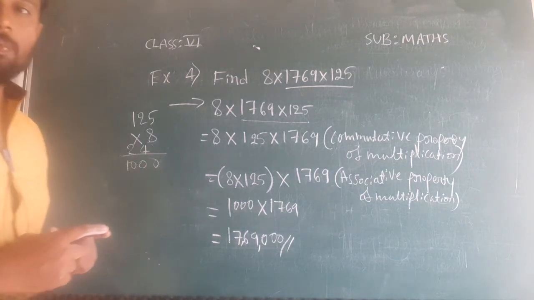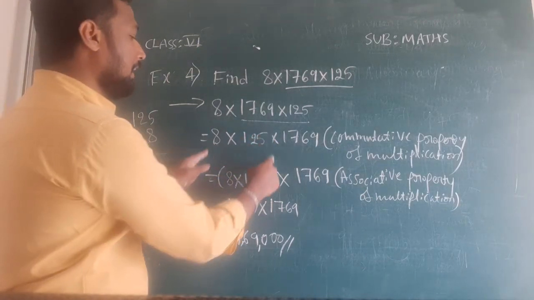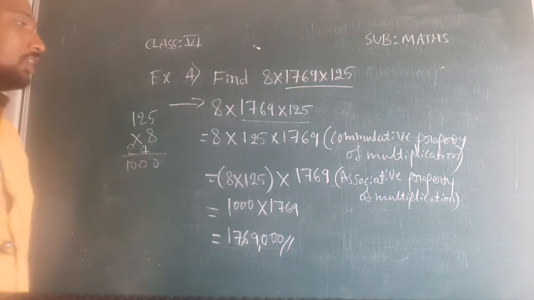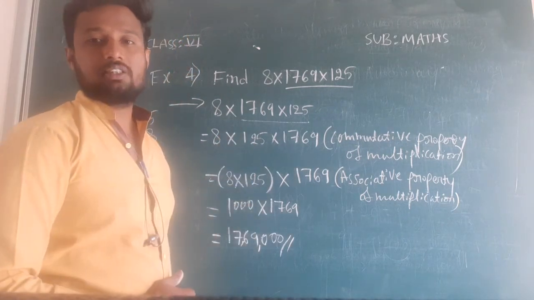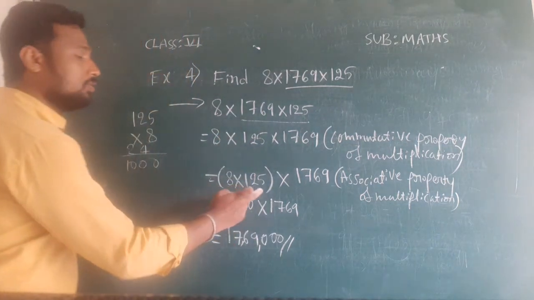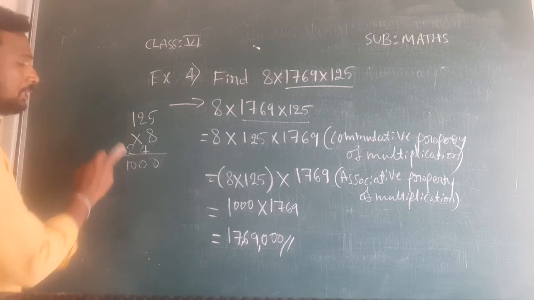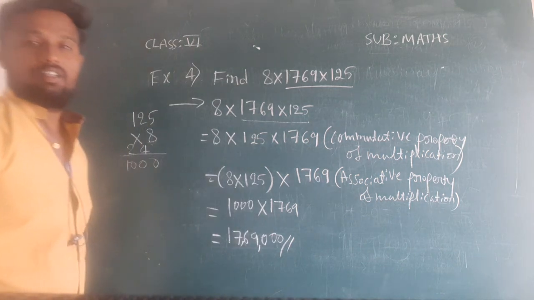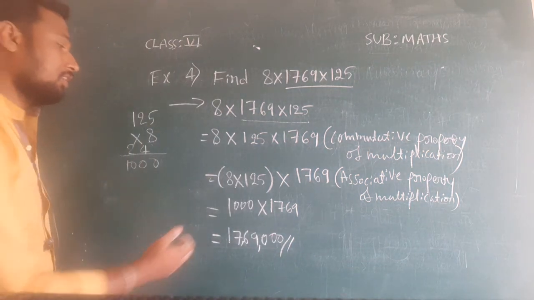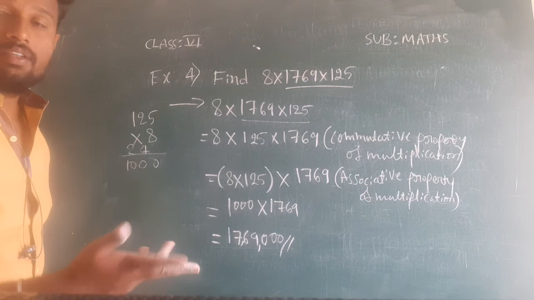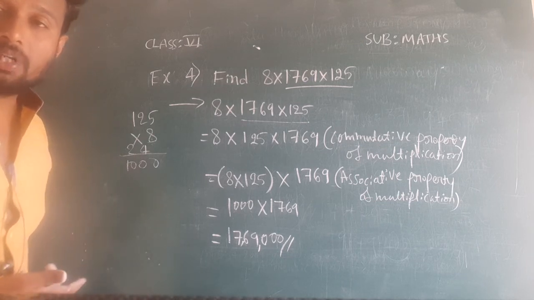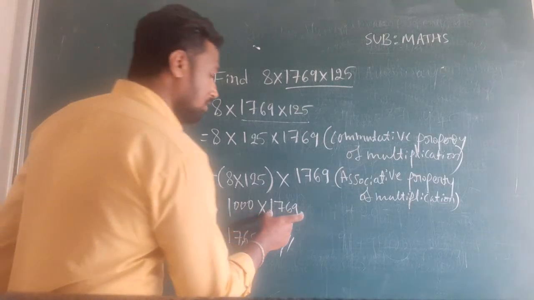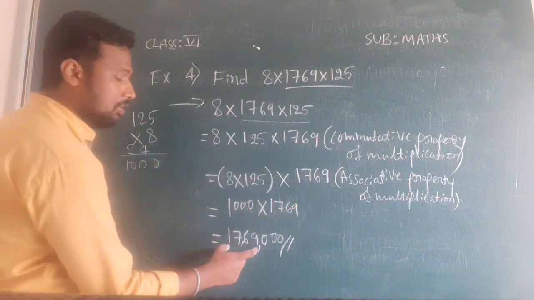Next, with the help of associative property, first we multiplied 8 into 125. So we consider brackets for the first two terms. Next we considered 1769. So 8 into 125 is easy to multiply. So we got 1000 here. 1000 into 1769. So it is easy to multiply when you get numbers like 10, 100, 1000, 10,000. If you get numbers like that, it is very easy to multiply, because you just multiply that number with 1, you will get the same number.